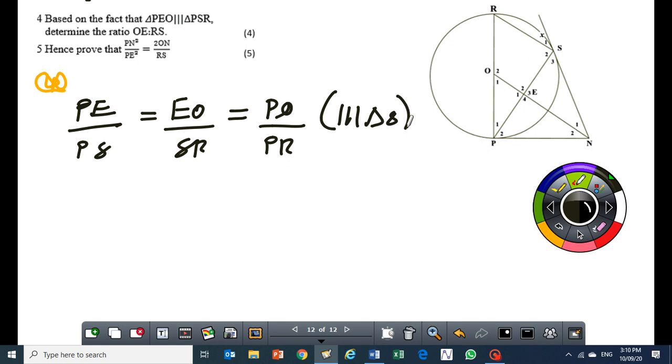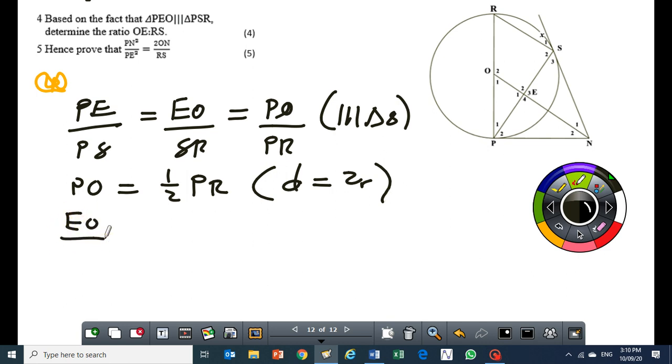PO is equal to half of PR. The reason for this is that PR is equal to 2 times radius. So what this means is my EO over SR is going to be equal to my PO, which is half PR, so I can put my half there. This will be half PR over PR.